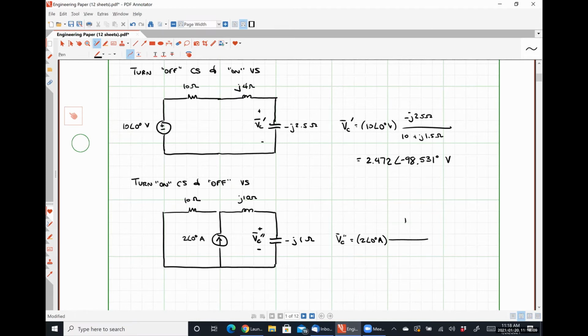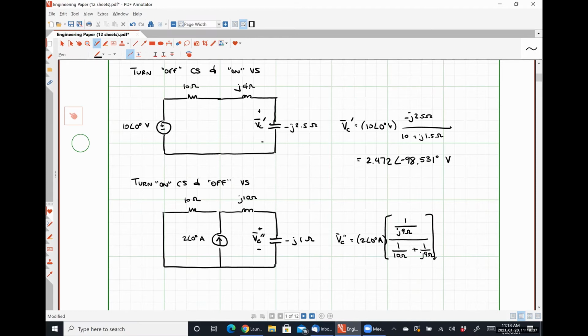Then I'm going to have 1 over J10 minus J1, which is positive J9 ohms. So that's the total impedance seen in the right-hand branch, divided by 1 over 10 ohms, which is the impedance of the left-hand branch, plus 1 over J9 ohms, which is the impedance of the right-hand branch again.